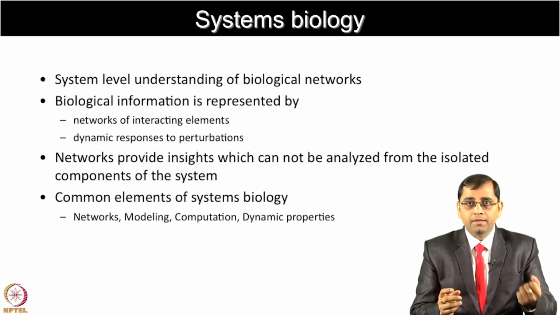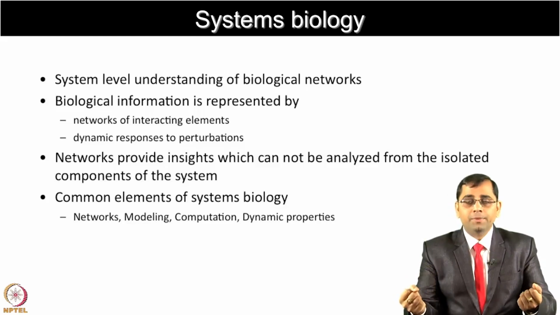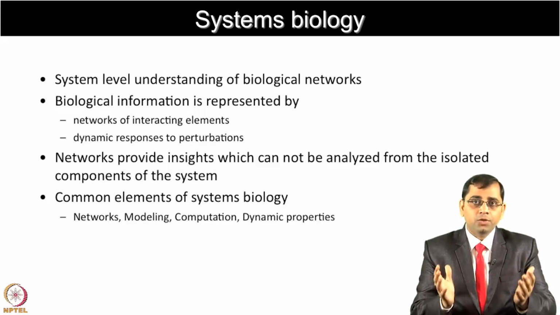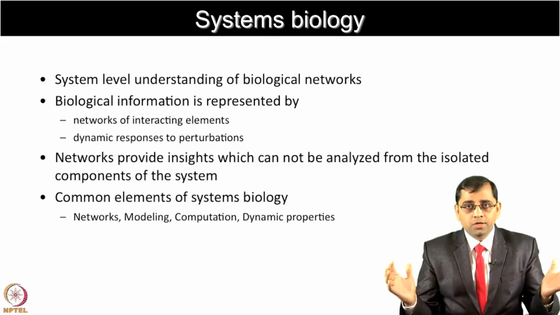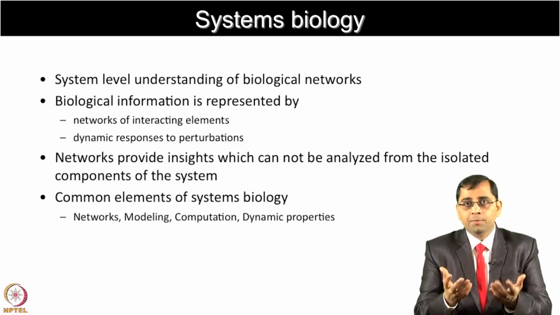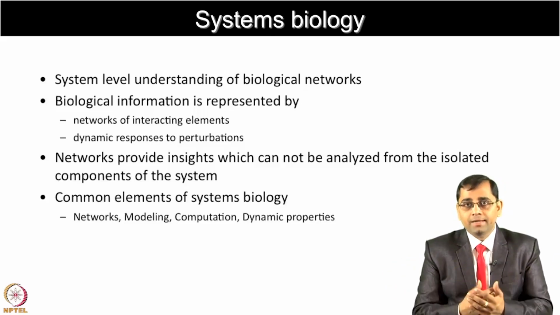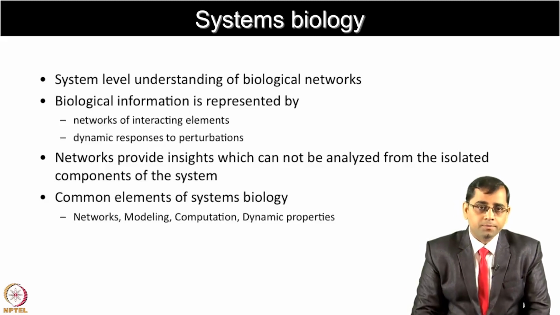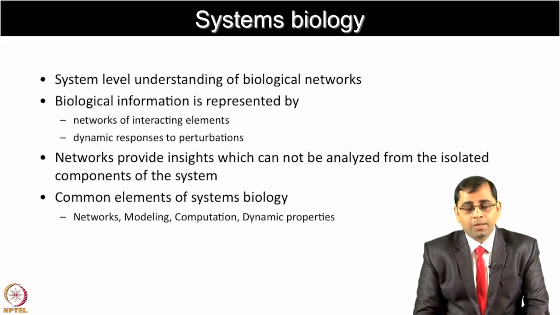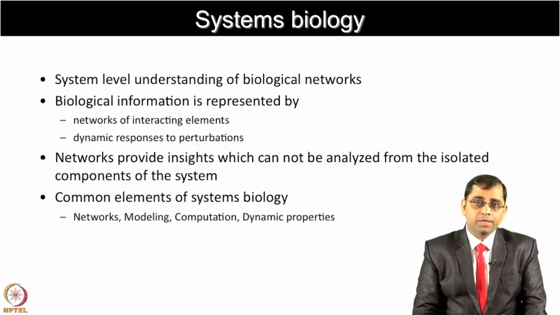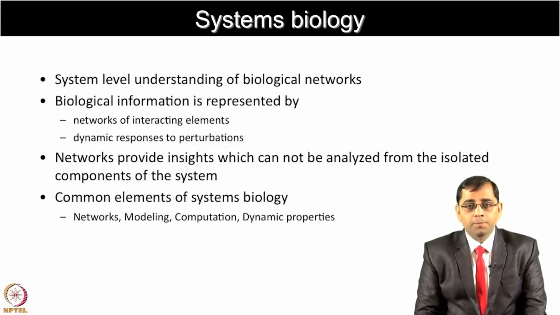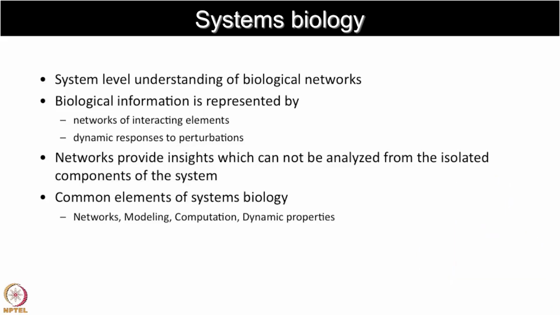We cannot just look at the genome separately, transcriptome separately, proteome separately and try to obtain the full picture. We have to start putting things together in a more systems wide manner, which could be analyzed using systems level tools. So, what are the common elements of systems biology? They include the networks, modeling, computation and dynamic properties.